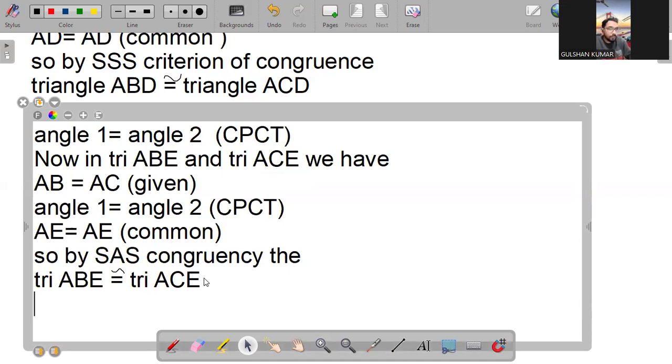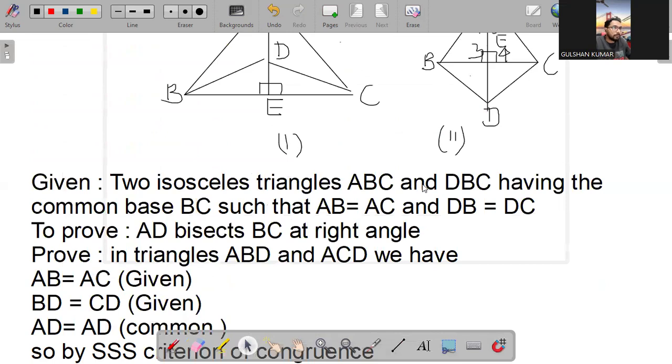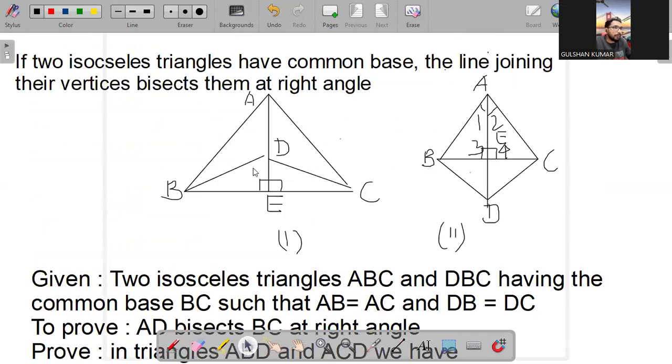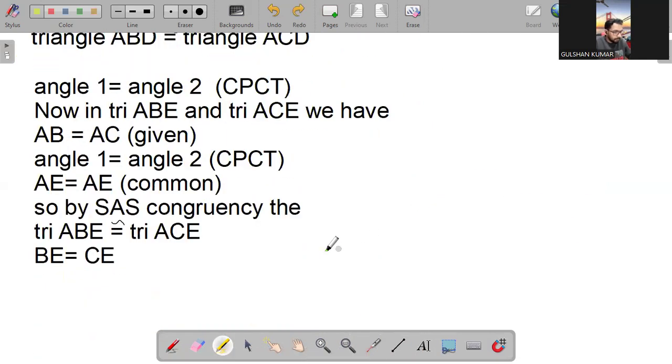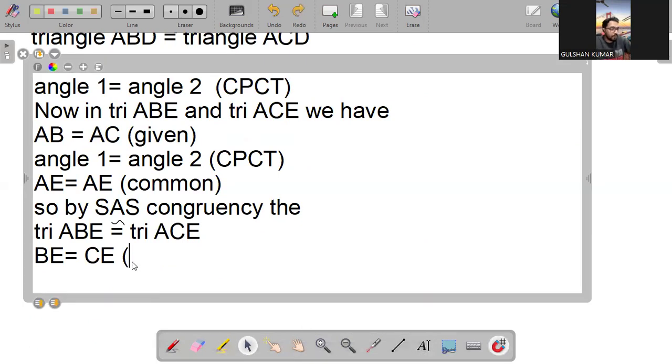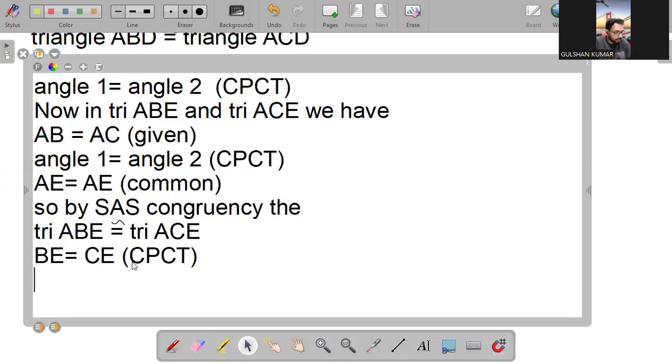Now this is congruent, so BE equals CE. Here we have BE and CE, these are the lines which are now equal because of CPCT, corresponding parts of congruent triangles.